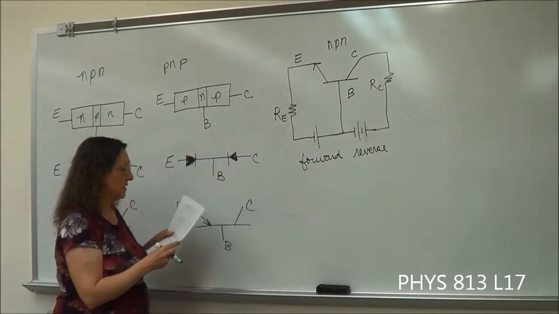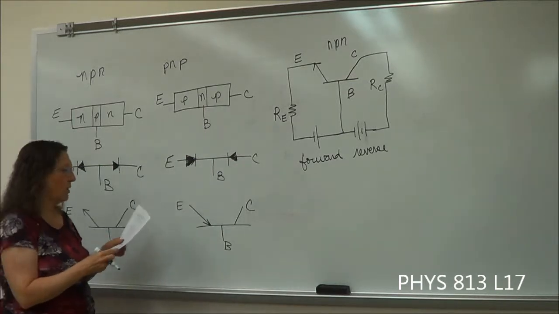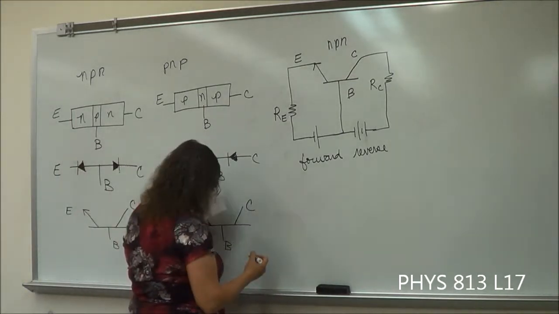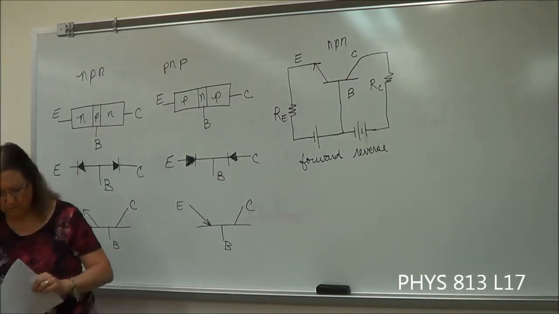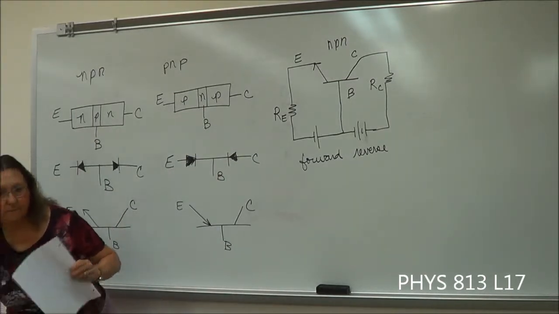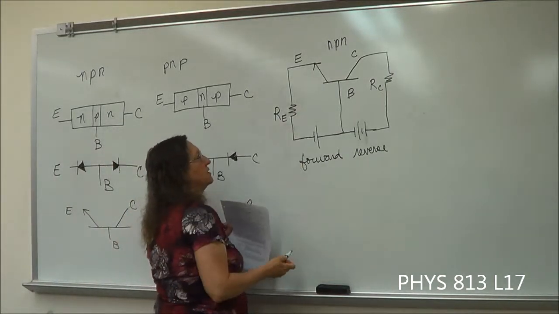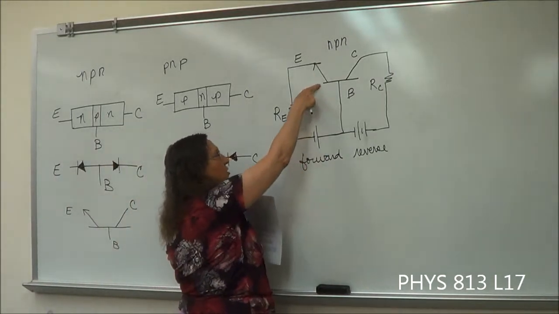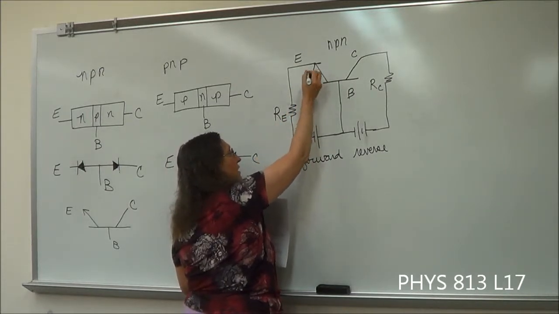So what happens, the base has current going into it, and I'm going to use a different color. So in this arrangement, and this shows current going out that side, so I'm going to draw a little arrow there.